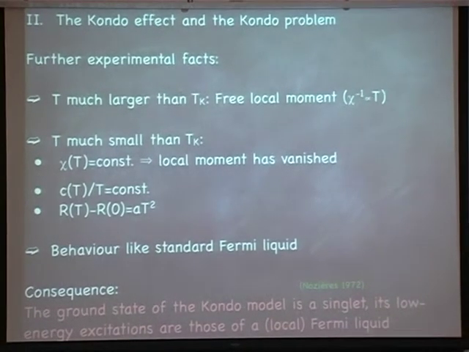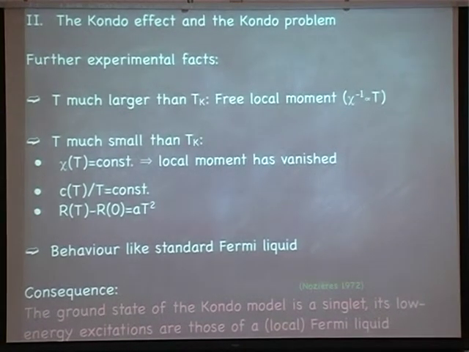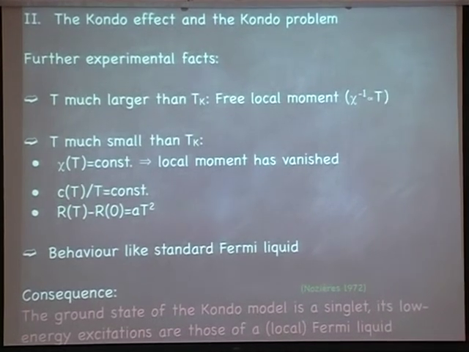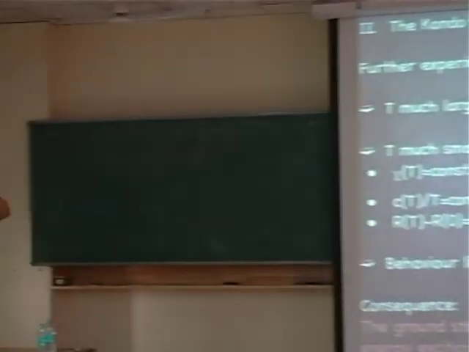Actually, that's precisely what happens. The spin itself gives you an ln 2, and of course, if you went to T equals 0, this would violate the third law of thermodynamics. So what the system does is, through the interaction between the band states, which themselves have vanishing entropy, and the impurity, they screen this local moment.